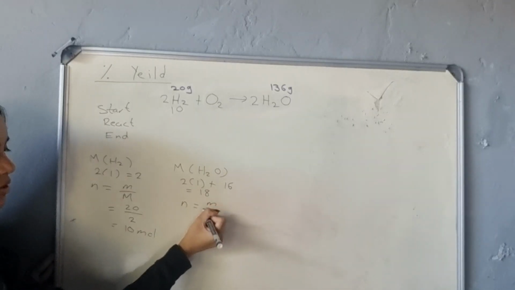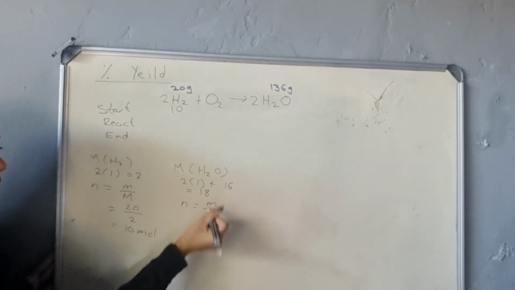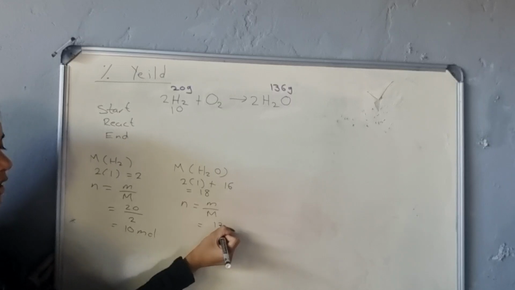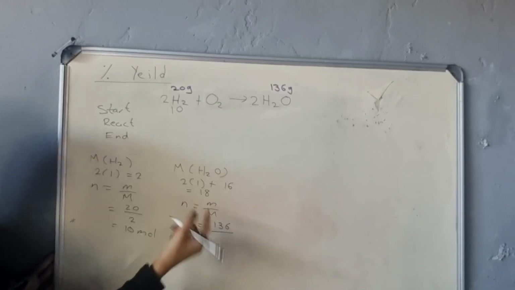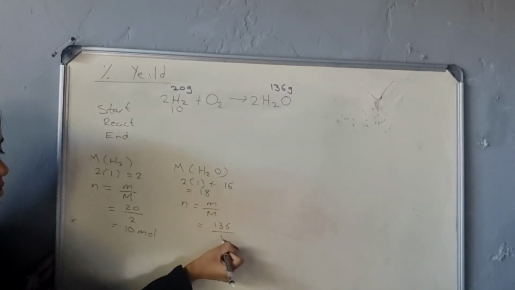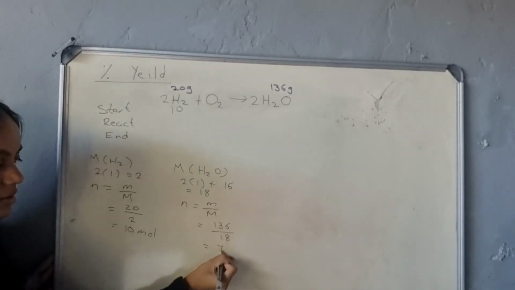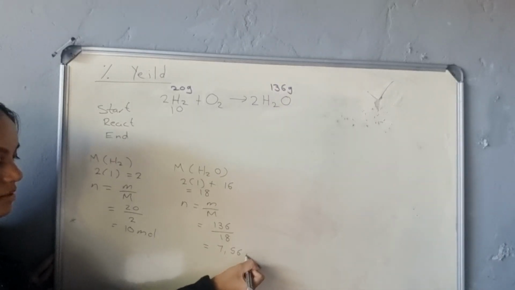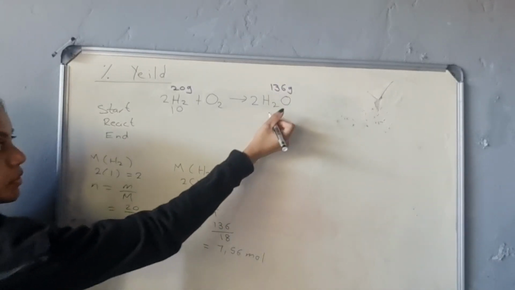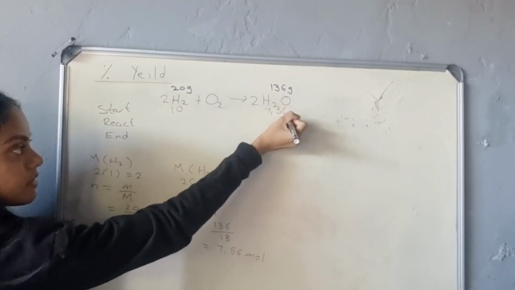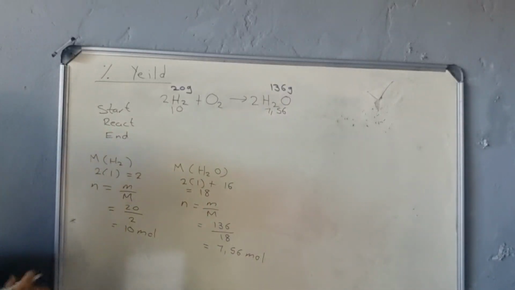Number of moles equals mass over molar mass. The mass that they've given us, which is 136, divided by the molar mass, which is 18, gives us 7.56 moles. So I'll put down 7.56 moles as starting.